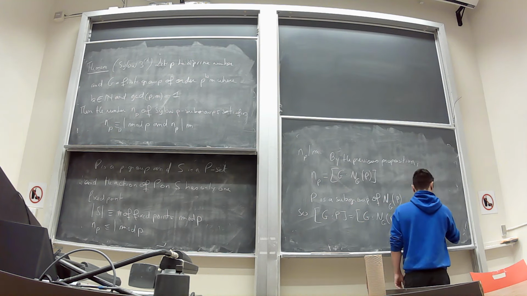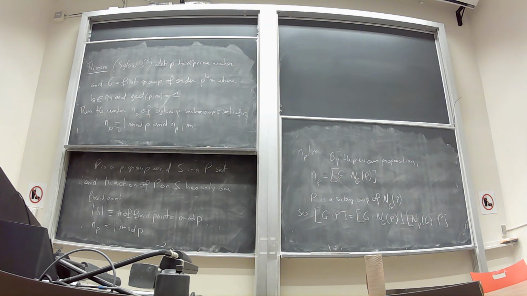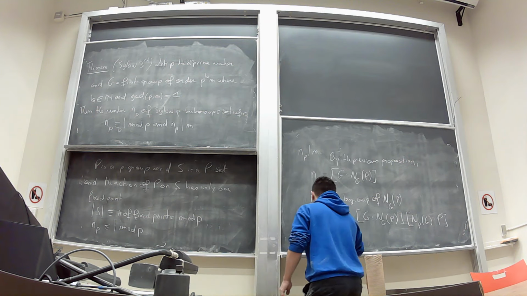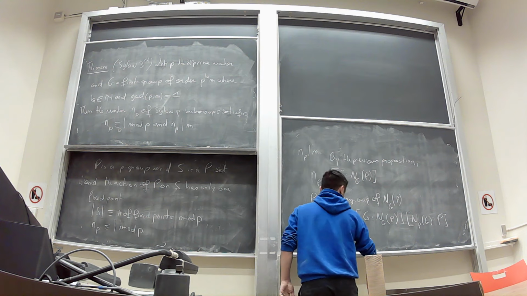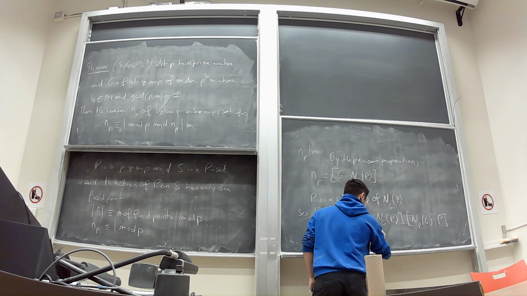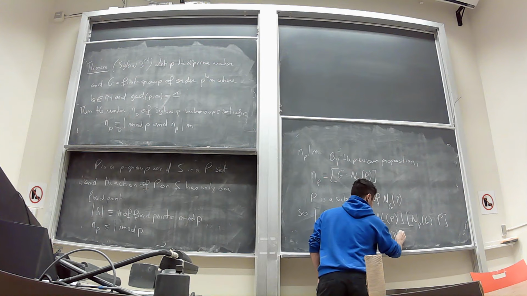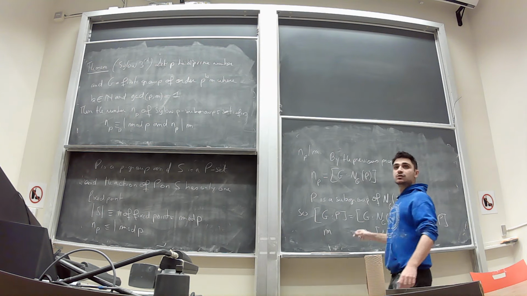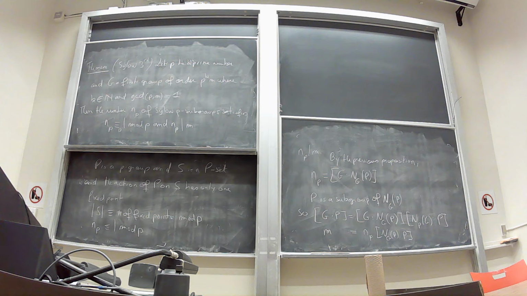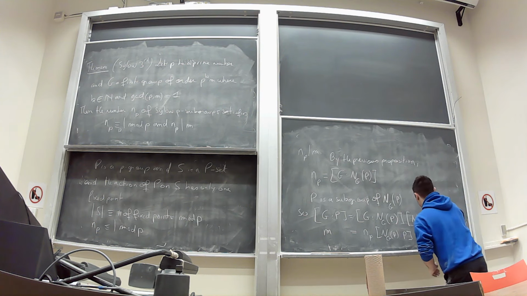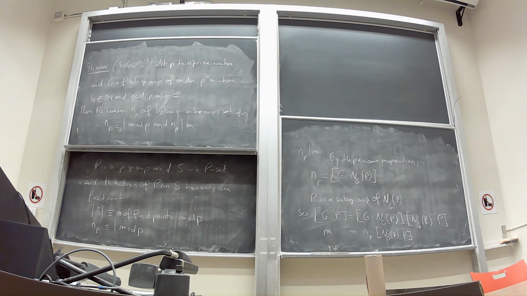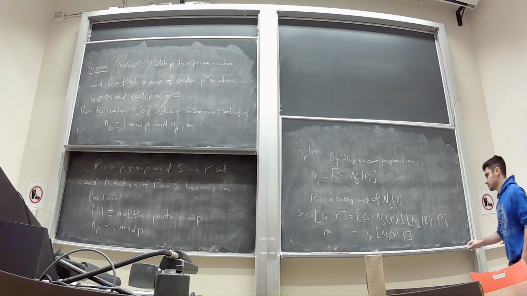This is NP, so this is M, because G has size P to the K times NP. So NP divides M.